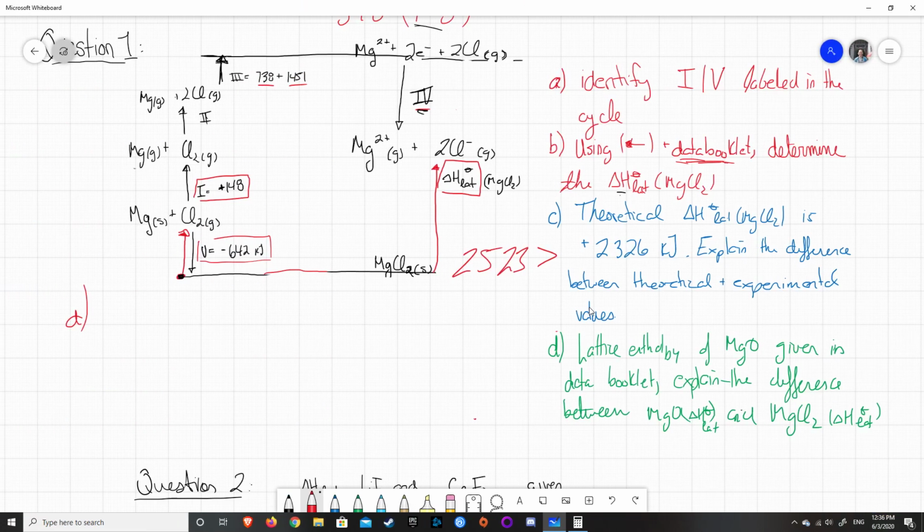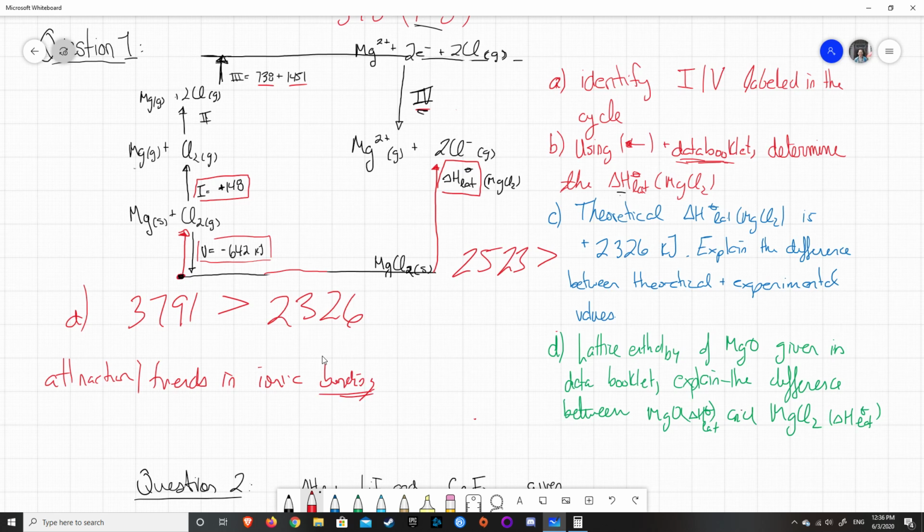3,791, the lattice enthalpy of MgO. Let's compare that to this theoretical value here, 2,326. And remember, we studied the attraction and trends in ionic bonding.